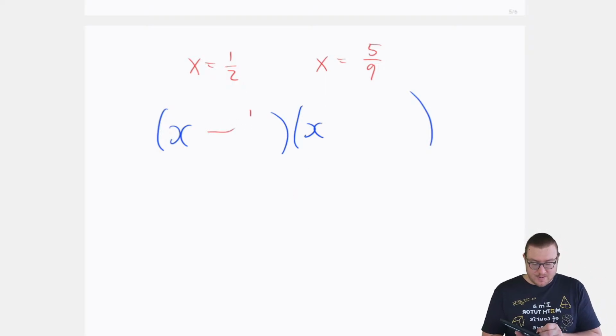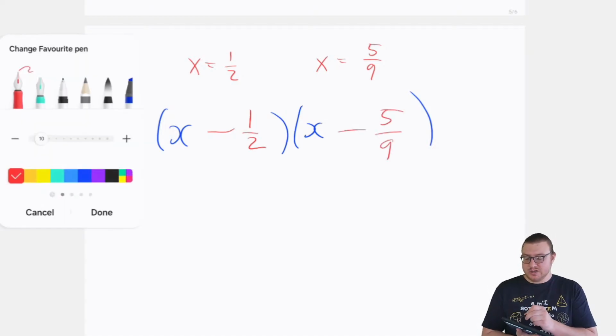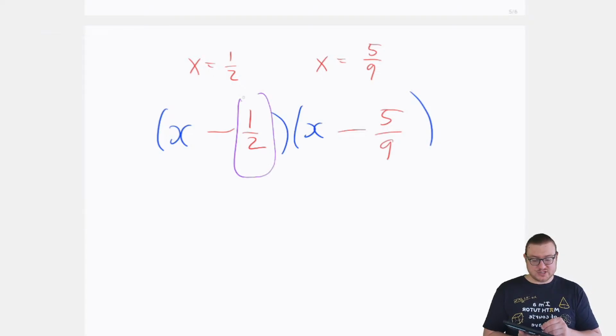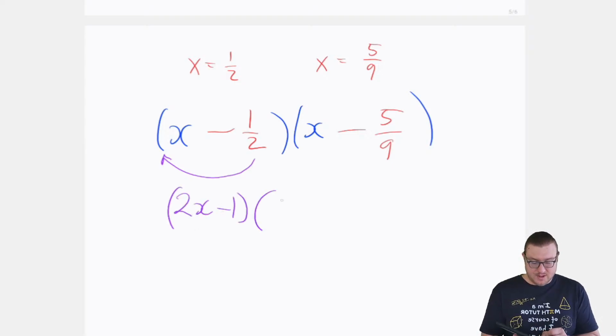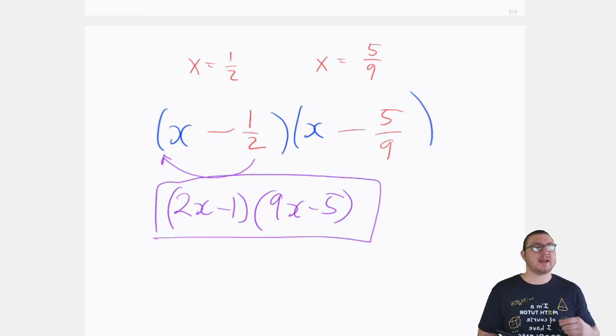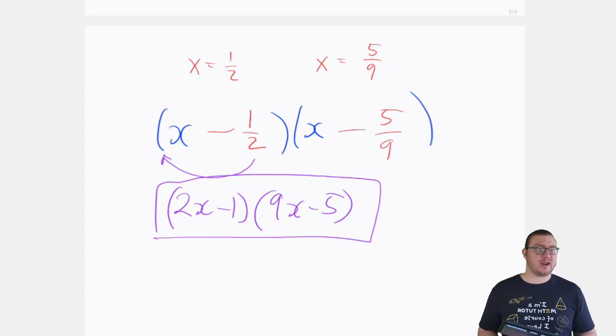So we're going to have x minus 1/2 and x minus 5/9. And how did we deal with these fractions before? In the special form, we multiply those out the front. So we get 2x minus 1 and 9x minus 5, which should be exactly, again, the factorized form of the equation that you had to factorize.